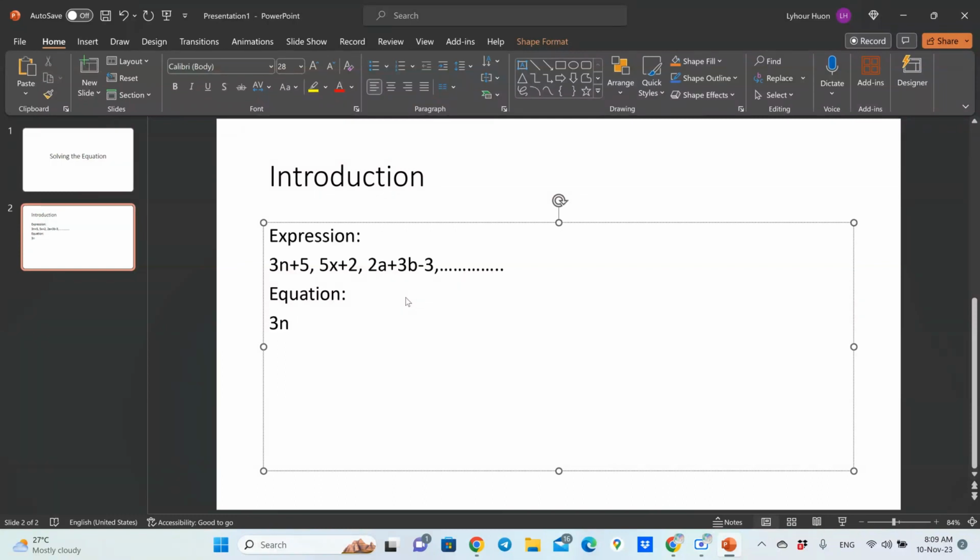Something like 2n plus 2 equals 5, or let's say this is number 2, or maybe sometimes you see x minus 2 equals 7. These are all equations. Or sometimes 3n plus 5 equal to 2n minus 2. So this is all equations.